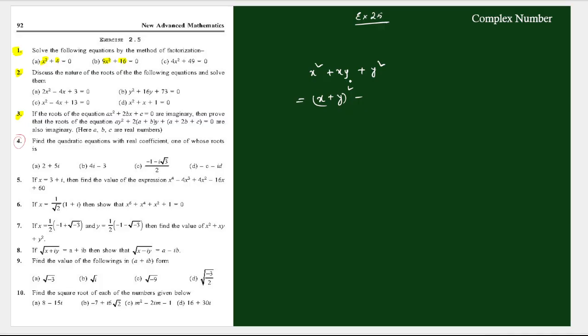Now this is plus xy, so x square plus y square plus 2xy.